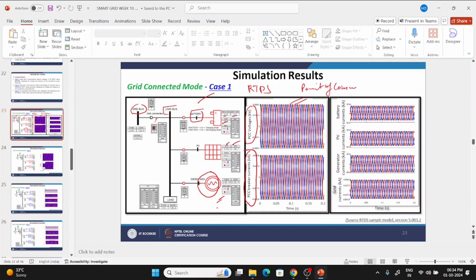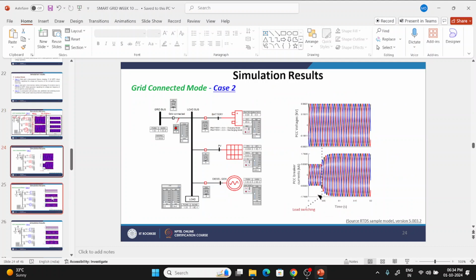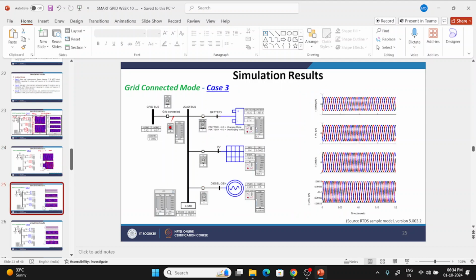This is for case one. If we go towards case two, the load switching is happening at this time. As we have said, we will switch our load from 0.5 to 1 megawatt. Whenever the load switches, the current gets increased. Like this.